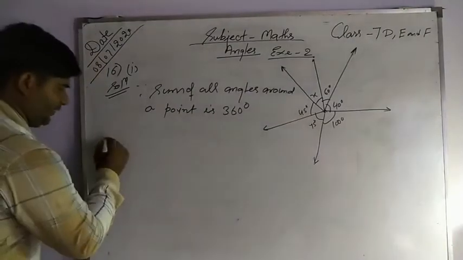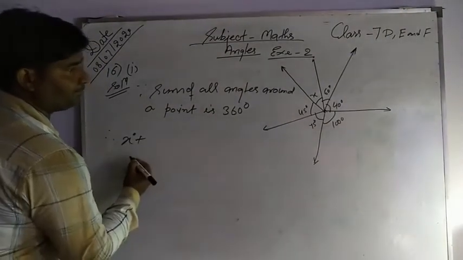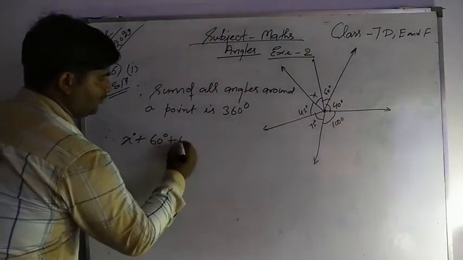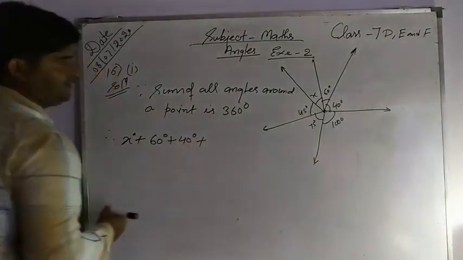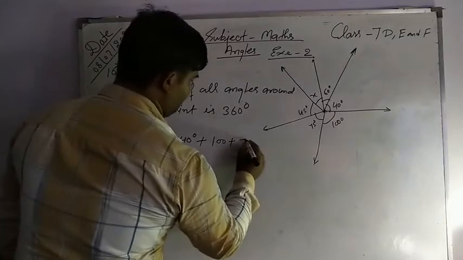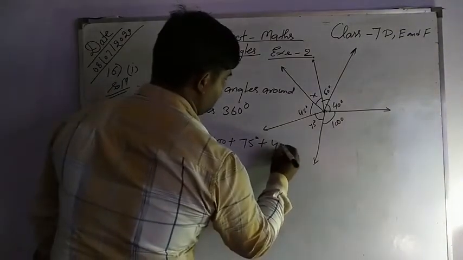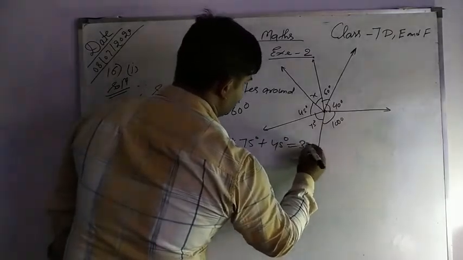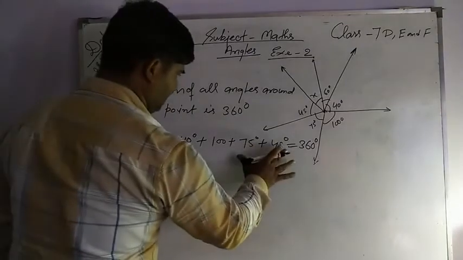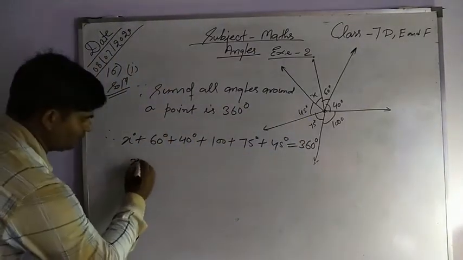So here we write, therefore, x degree plus 60 degree plus 40 degree plus 100 degree plus 75 degree plus 45 degree, and this is equal to 360 degree. Okay, now we add all these angles, transfer to that side and subtract, and get the answer of the question.